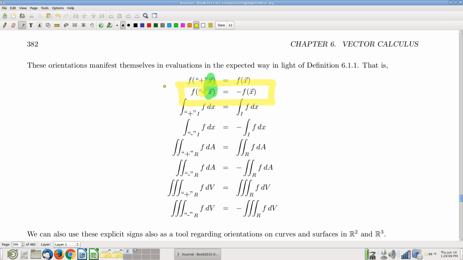Opposite orientation gives opposite value. This seems like a weird thing to do, and you might be thinking, but what does it mean geometrically? Nothing. It's an algebraic convention, and it ends up being really useful in what we're about to do.